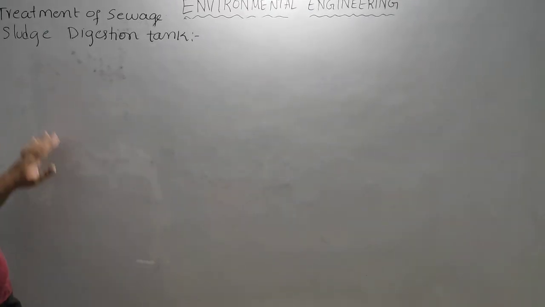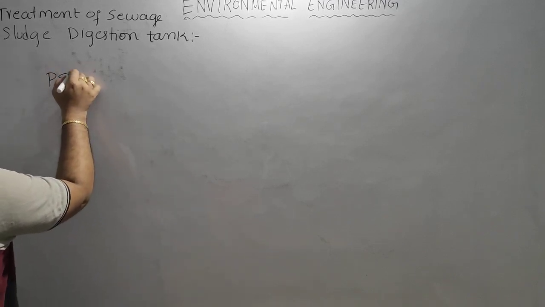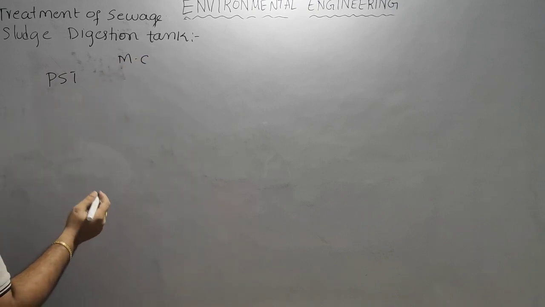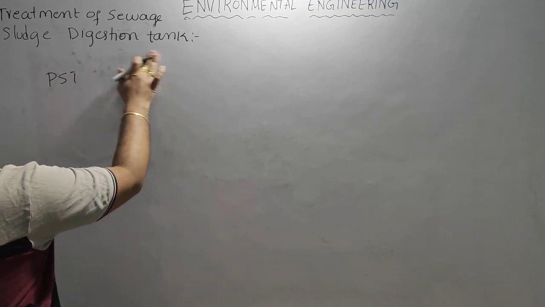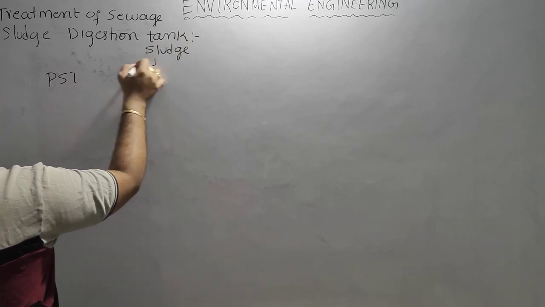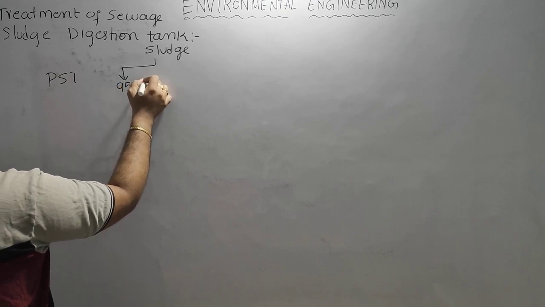Generally, if you look at the primary sedimentation tank, it will have a moisture content. So in that sludge, whatever the sludge that is being generated, 95% is moisture, that is water.